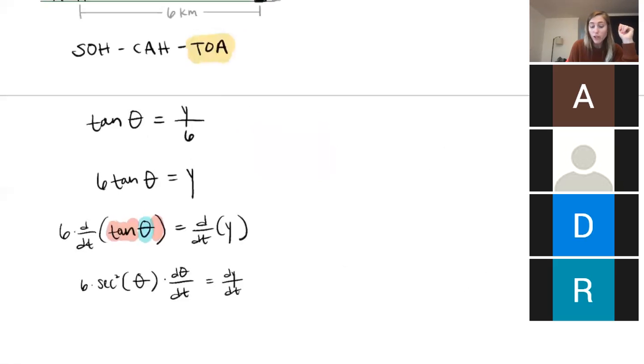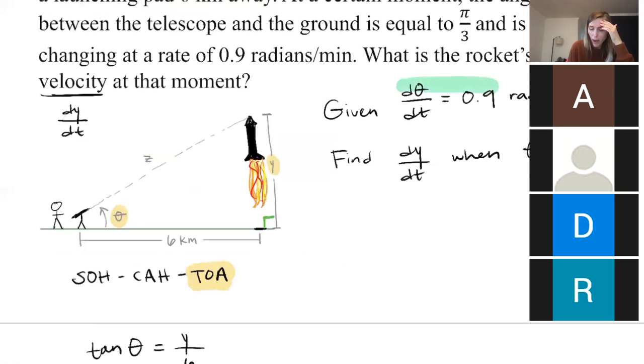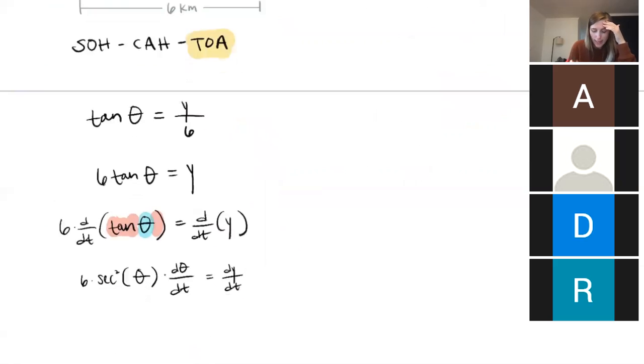Once we've differentiated, we're ready to see what we can plug in, and then solve for the rate that we're trying to solve for. So I can plug in 0.9 for d theta over dt.